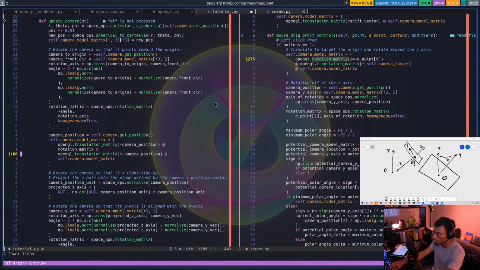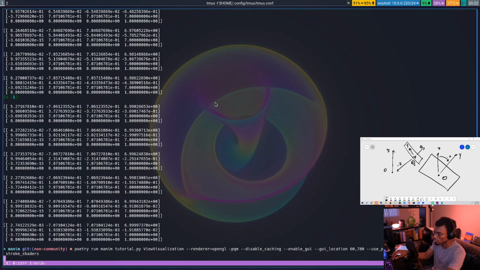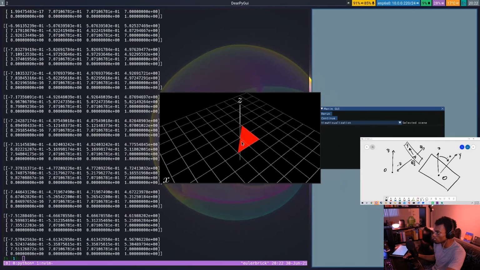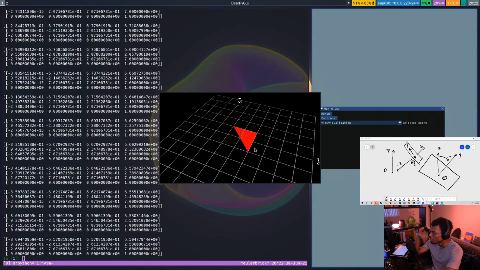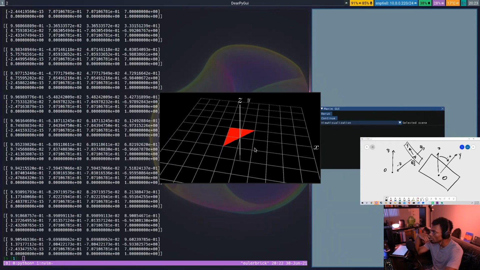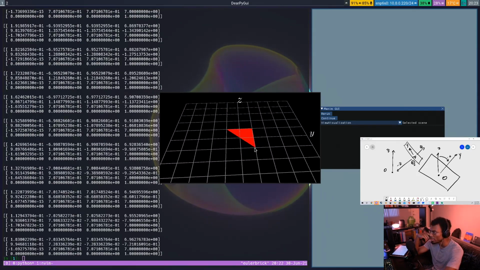So this is doing effectively the same thing. And reality is still shifting every time. I wonder if this is a common OpenGL thing.